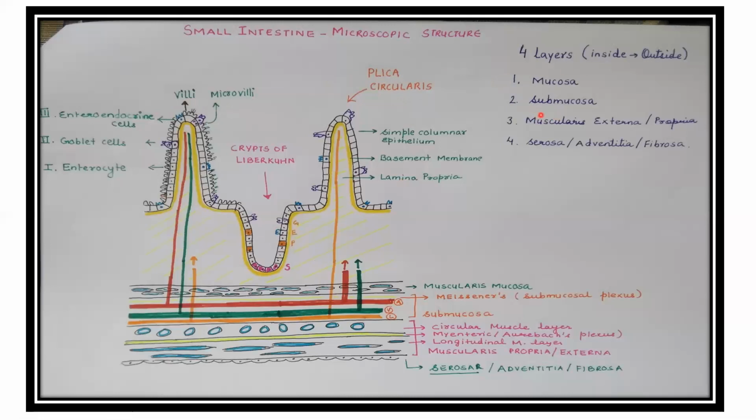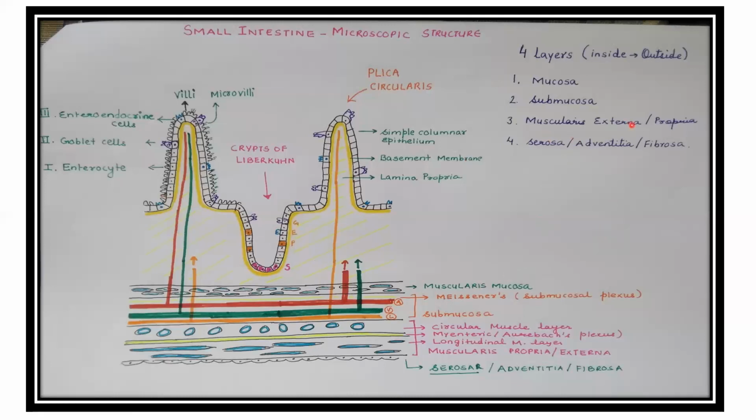The second layer, that is the submucosa, supports the mucosa. So the submucosa is supporting the mucosa and also helps in absorption of digested material through the arterioles, the venules and the lymphatics. Thirdly, the muscularis externa has a very important role in the movement of food chyme through the entire tract, and this movement is known as peristalsis.